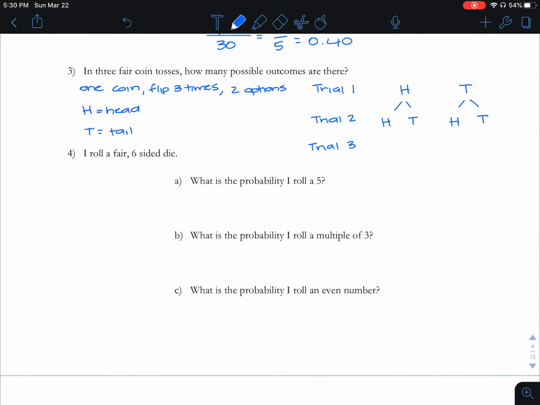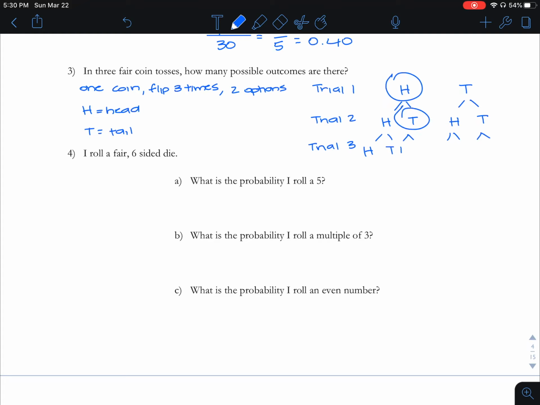Then I do it the last time, my third time. Let's say I started off with heads in my first trial, and heads in my second trial. My third trial could be heads or it could be tails. Let's say I had heads first, tails next.